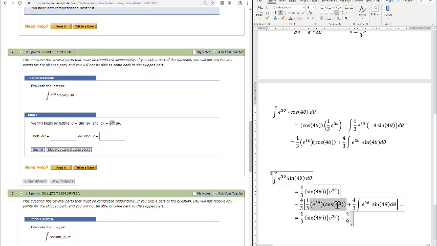And then we have this expression over here, which is that exponential and the trig function. And then we have a minus and a plus, so that's going to end up to be a negative. And then we have a 4/3 and a 4/3. I think that's 16/9 times this integral over here.